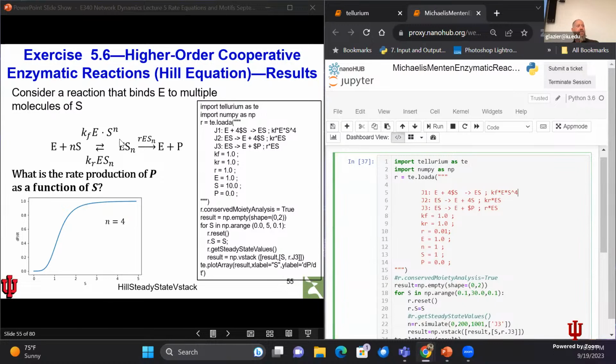If I don't care about the stoichiometry, if I don't care about the 4 here, if I just said E plus S has a rate kf E times S to the n, and ignore the stoichiometry here, then I can make n change, and actually it's easier to do it as a simulation. But I'm doing this because, from a biochemical point of view, this is the correct statement. Did it work for people? Yep. So let me see if it works for me.